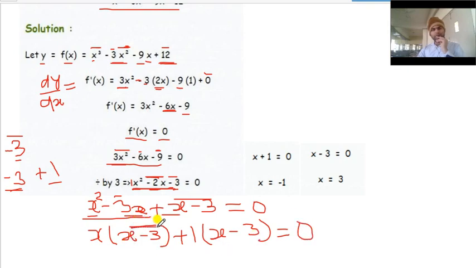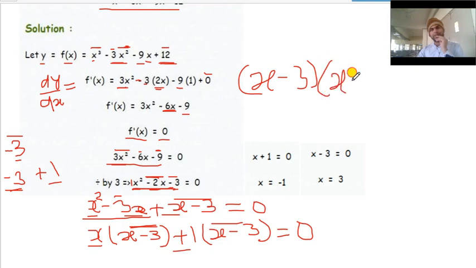So this x minus 3 and this x minus 3 is common. We write x minus 3 in one bracket, and in the second bracket we write x plus 1, that is equal to 0.